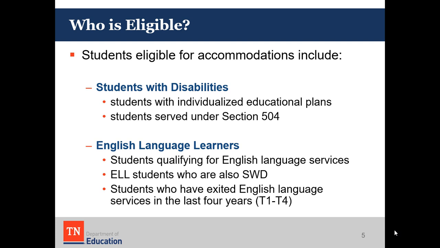English learners are also eligible to receive accommodations, and these are defined as students qualifying for English language services, English learners who are also classified as a student with a disability, and students who have exited English language services within the last 4 years. These are classified as students within the T1 through T4 transition phase.